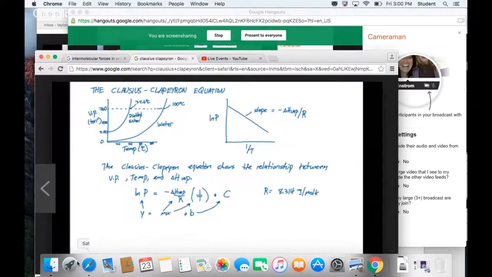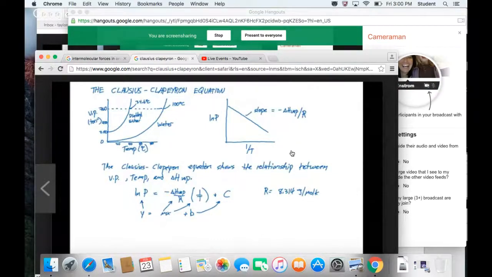So what these two guys did, Clausius and Clapeyron, is they took the natural log of the vapor pressure, and they took 1 over temperature in order to get a straight line.